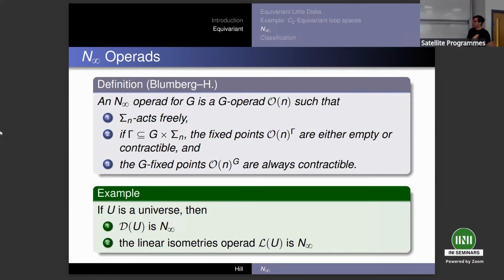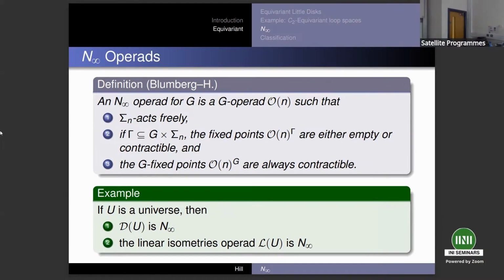And then I also want that the G fixed points are always contractible. So to say that fixed points are either empty or contractible is to say that I have what's called a universal space for a family of subgroups. If I have non-empty fixed points for some group, that forces non-empty fixed points for any conjugate, because the fixed points for conjugates are always isomorphic, and it forces non-empty fixed points for any subgroup of it, because fixed points for a big group is a harsher condition than fixed points for smaller.